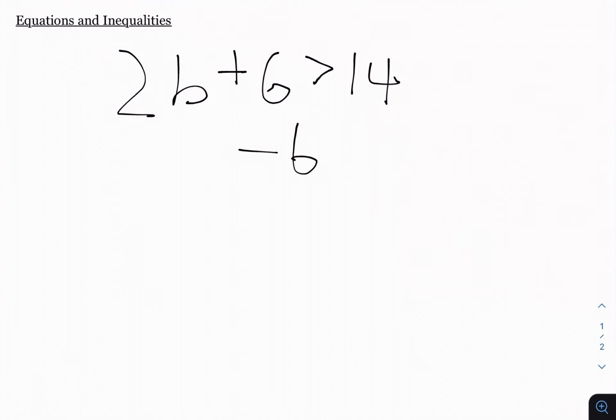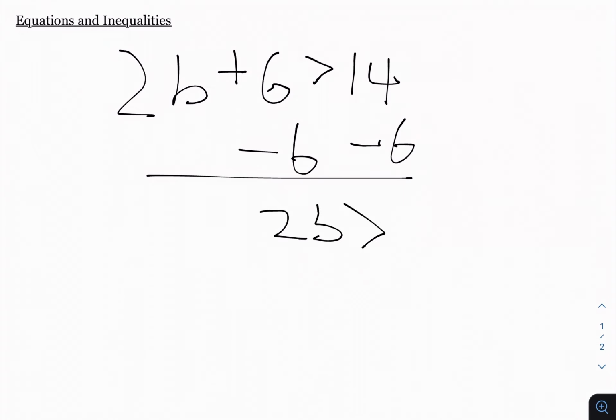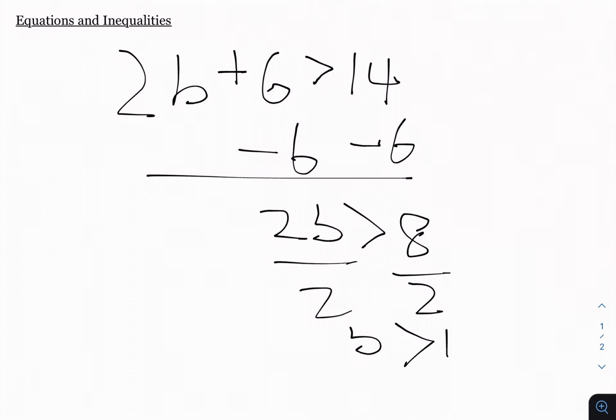Okay, so you have to subtract 6 on both sides because you want to isolate b, the variable. 2b is greater than 8. Divide by 2 on both sides to isolate b. You get b is greater than 4. If you got that answer, congratulations. It is the correct answer.